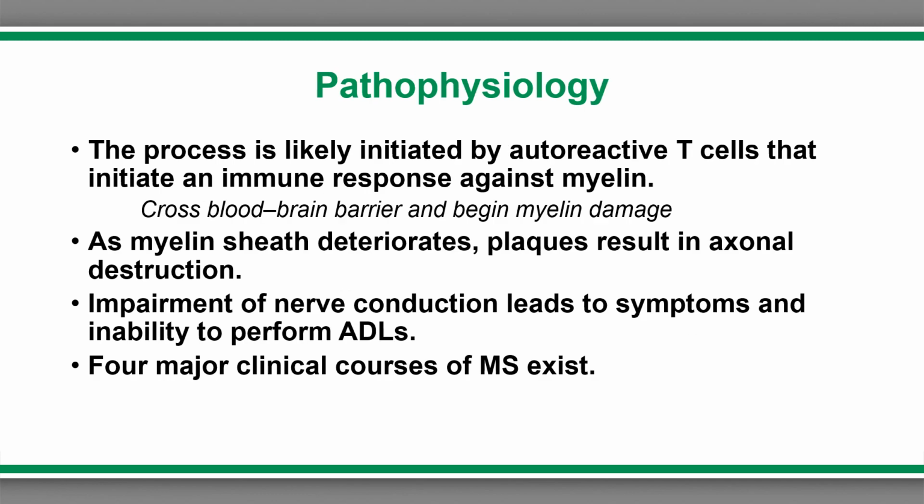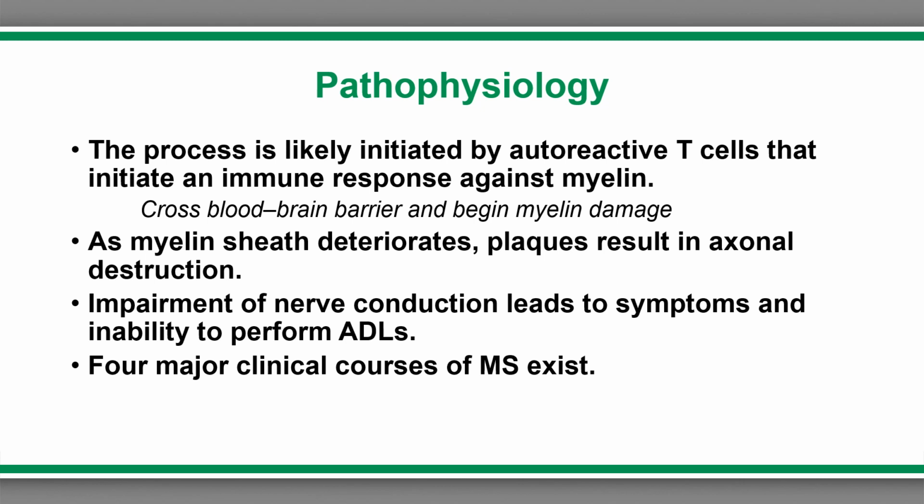But we do know that it tends to be related to T cells and the demyelinization of the axon, and that alters the ability of the nerve conduction to pass quickly down the axon. That causes the change in motor neurons and also in autonomic function. So we end up having some alterations in a number of functions.